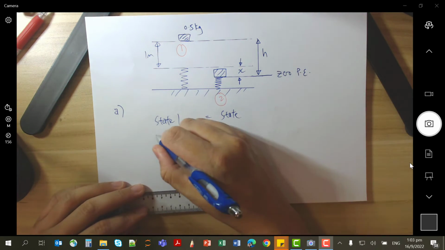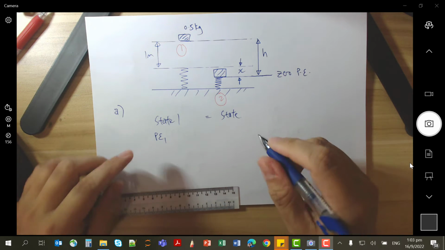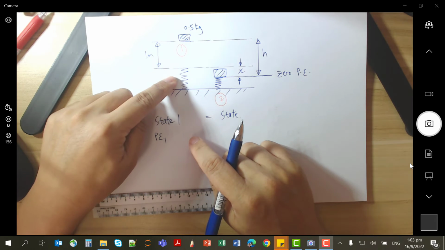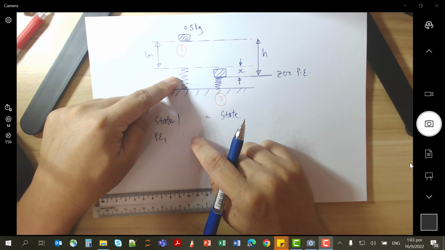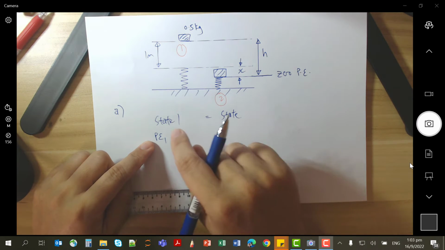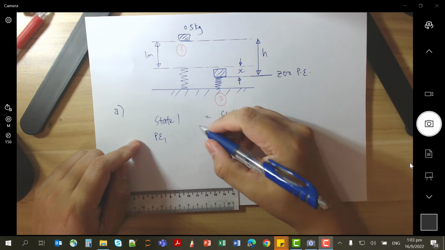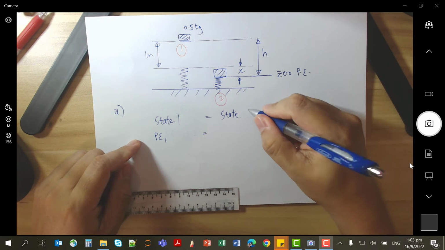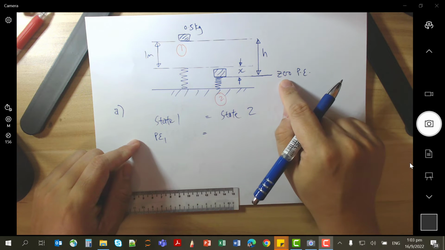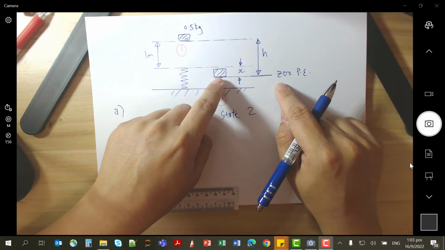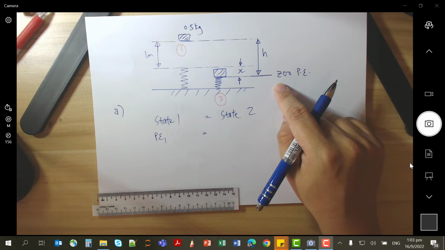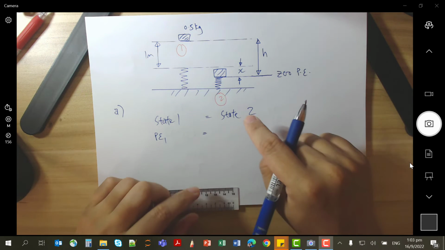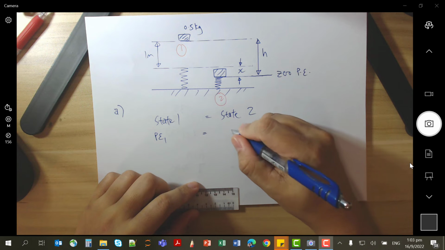So PE1. Is there any spring energy here? No, because at state 1 the spring has not been compressed yet. So there's only PE1 for state 1. State 2: is there any potential energy? No, because we defined at this height the mass does not have any PE. So there is only spring energy here.